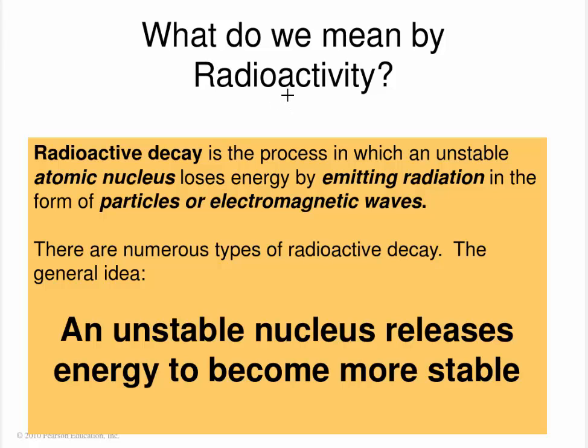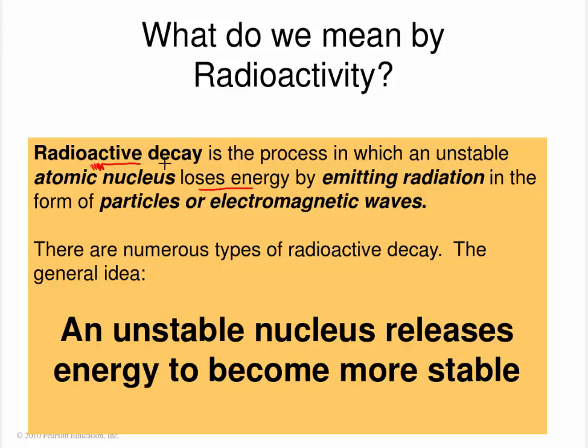Now, before I get into the flavors of radioactivity, I need to get in writing what we know that it is. And I've already mentioned this. If we have something that is unstable inside the atomic nucleus, it wants to lose that energy. It wants to drop to a lower energy state. We call this process radioactive decay.